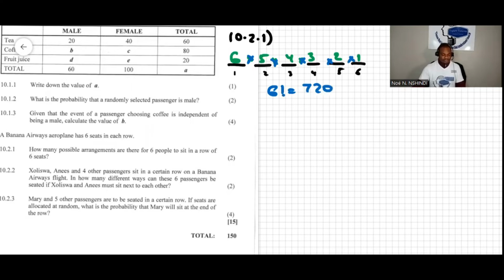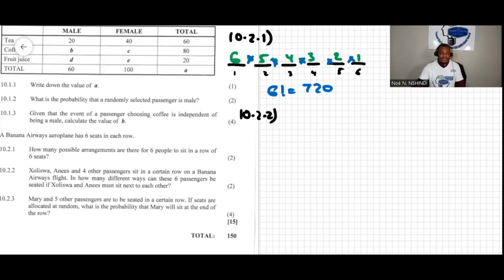Another one. Now 10.2.2. The question says, Colisa, Anis and 4 other passengers sit in a certain row on a Banana Airways flight. In how many different ways can these 6 passengers be seated if Colisa and Anis must sit next to each other?